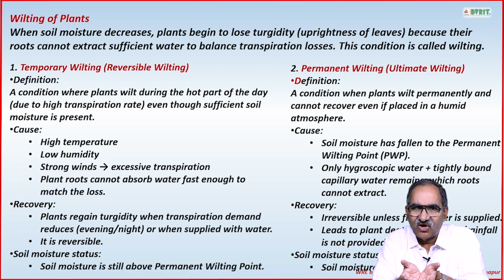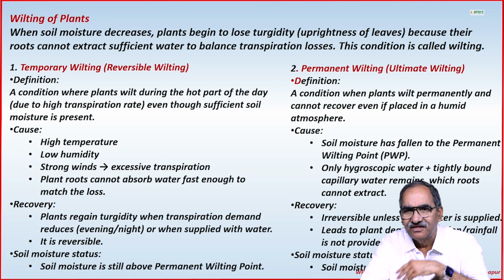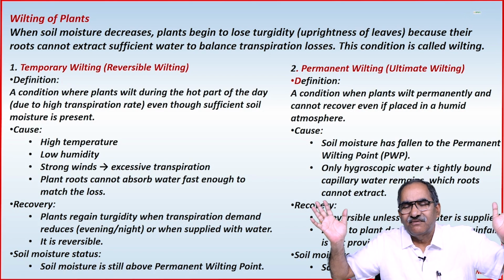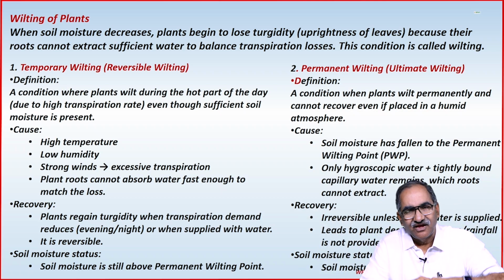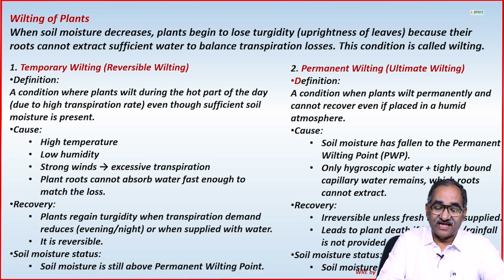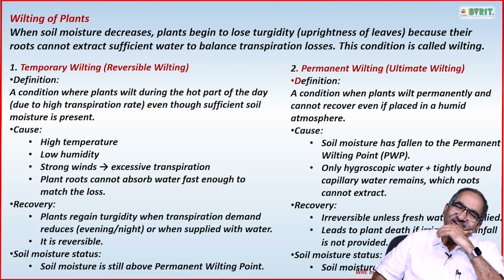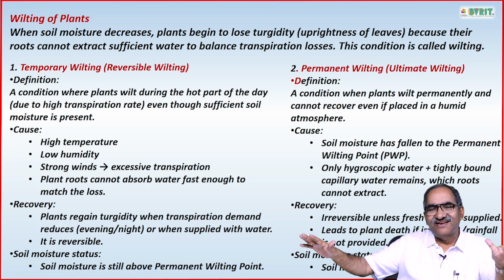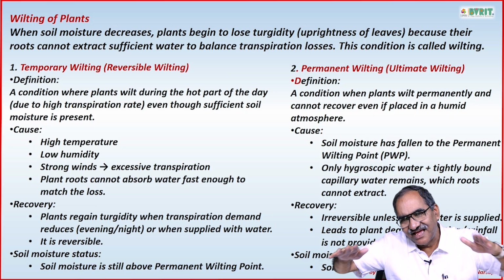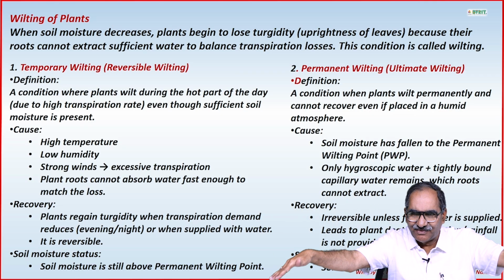If the soil moisture is reduced and you don't identify it, then because of high temperature, less humidity or strong winds, temporarily all the plants appear to be, instead of in a live and straight position, slowly coming down.